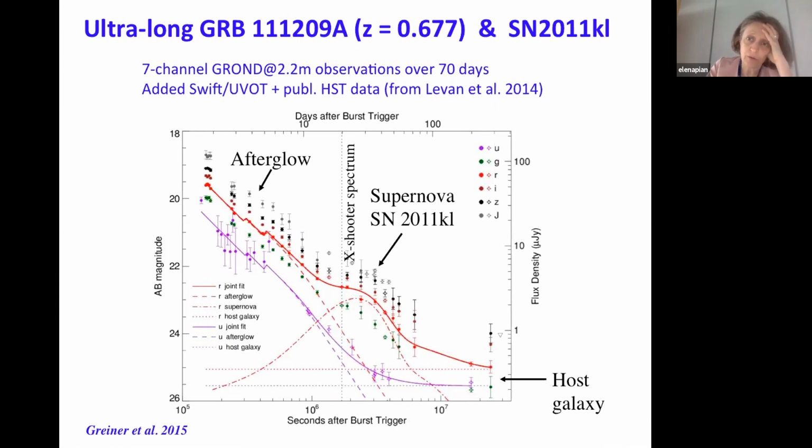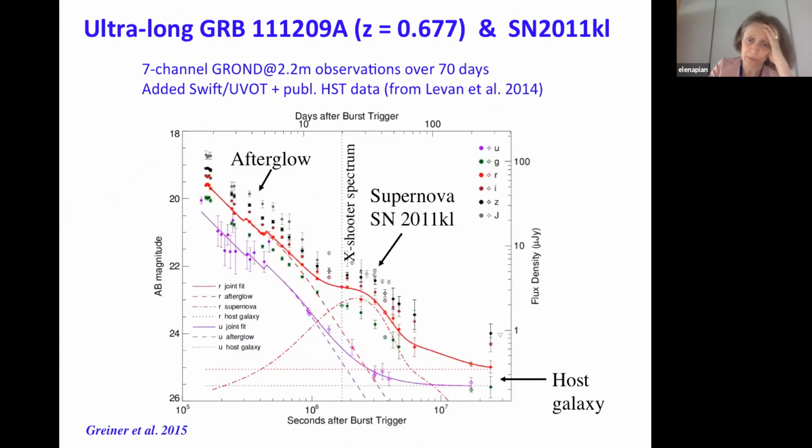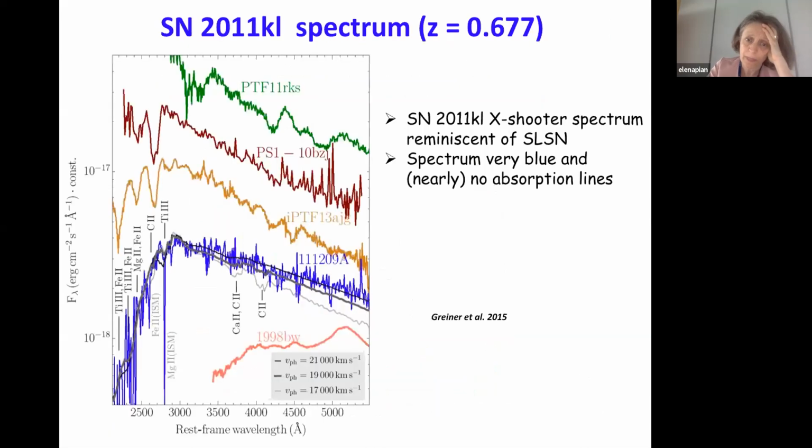So let's go into some detail on the supernova. A spectrum was taken around the maximum of the alleged supernova. It's shown in blue in this view graph. It's definitely a supernova spectrum. It just doesn't look at all like supernova 98bw. It is much more similar to the spectrum of superluminous supernovae.